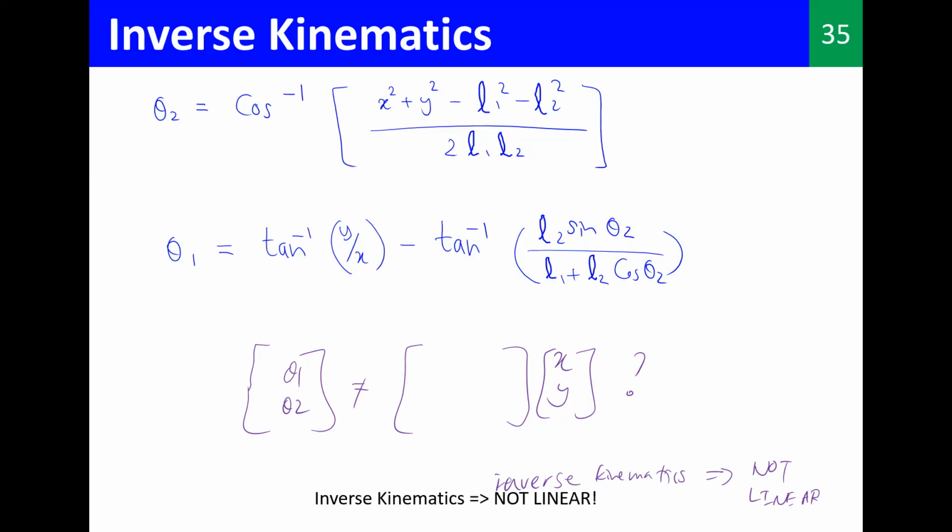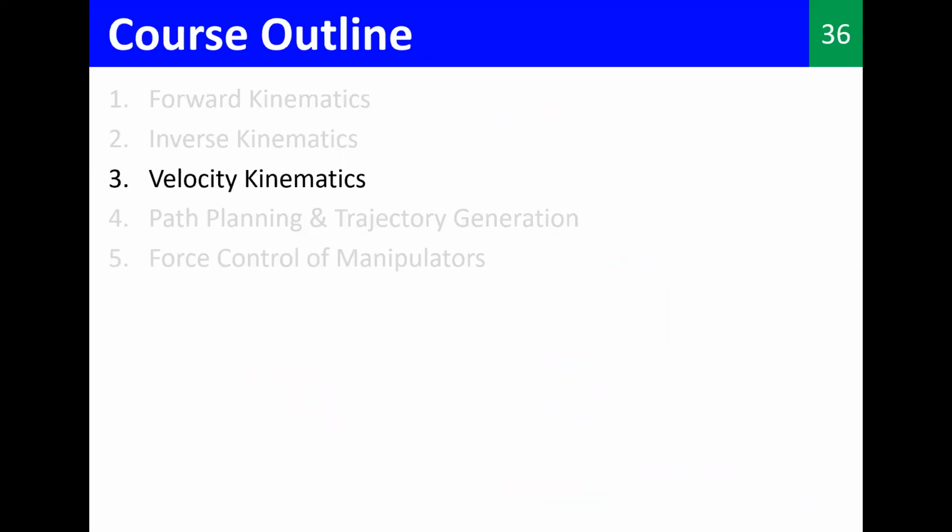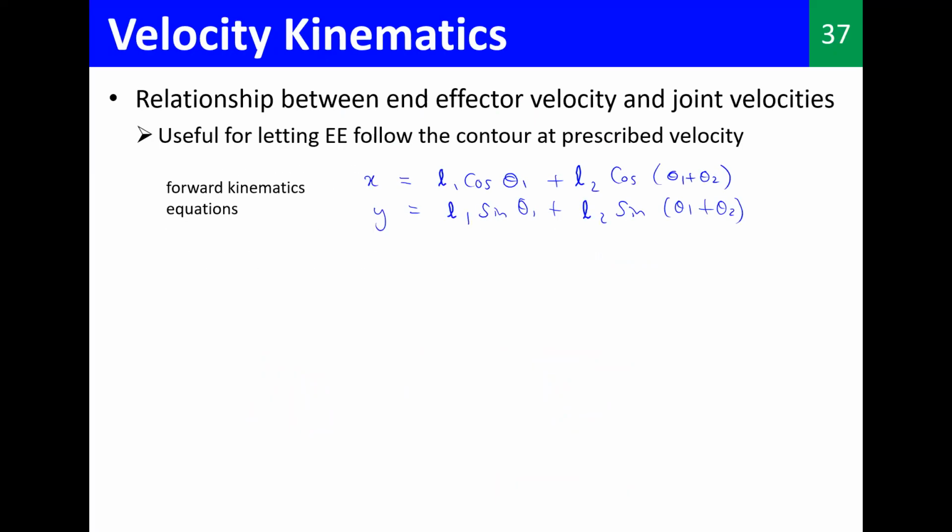So let me quickly go to the next one, which is velocity kinematics. Now things get a little bit more interesting than the previous two cases. When we say velocity kinematics, it is about establishing a relationship between the velocities. Previously we talked about positions, but now we are talking about velocities.